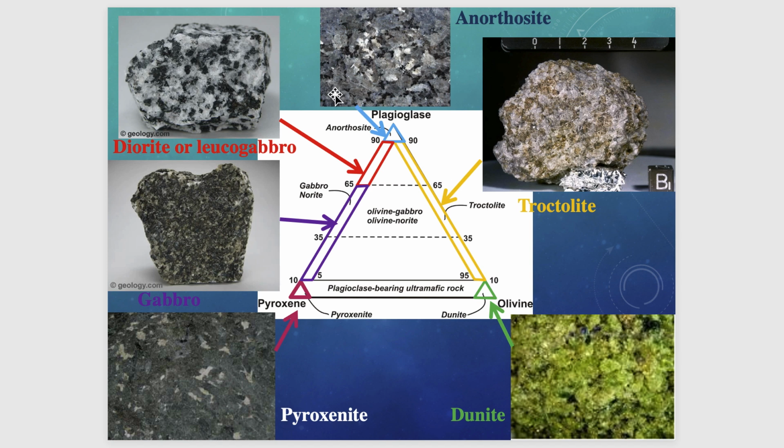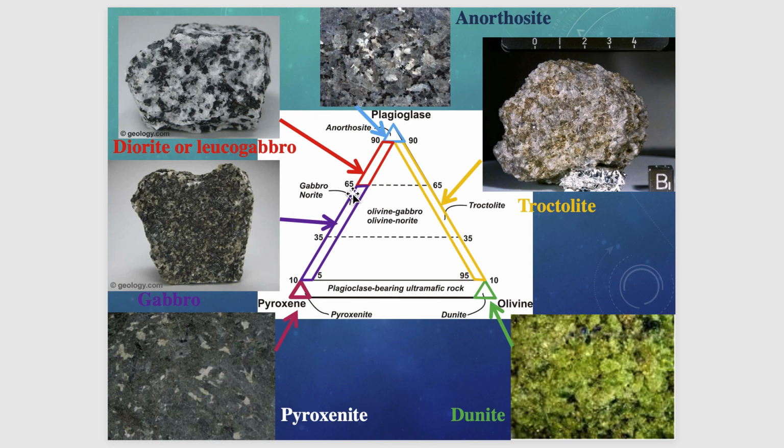And then you have on this side your gabbros and norites, so you have a diorite or a leucogabbro. In here, we remember that diorites have a kick of quartz, usually a little bit of quartz, but dominantly plagioclase and pyroxene.